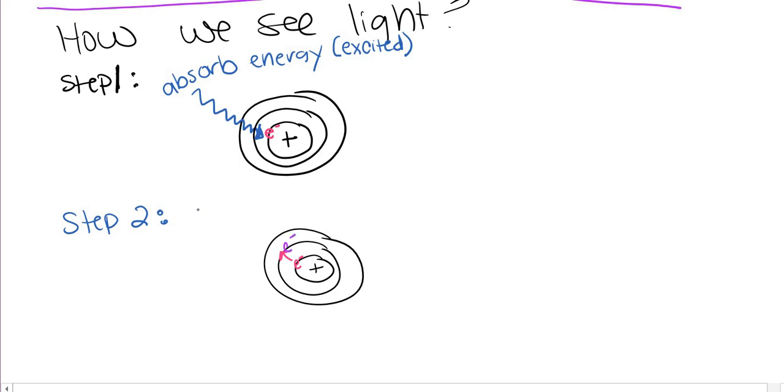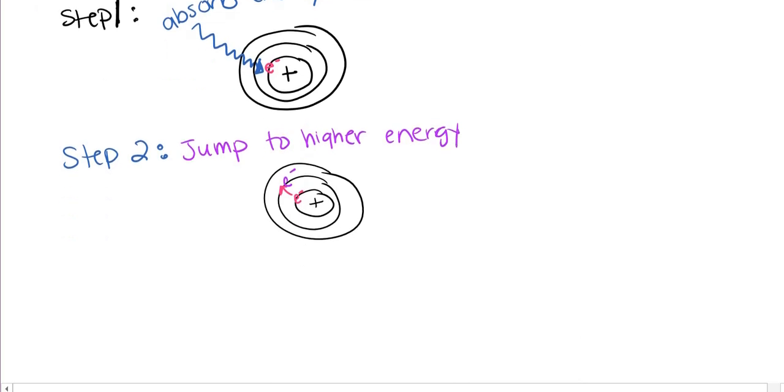So it is going to jump to a higher energy level. All right, so now it's at a higher energy level. It went from 1 to 2. It's not going to be able to stay there very long. And so now that brings us to step 3.